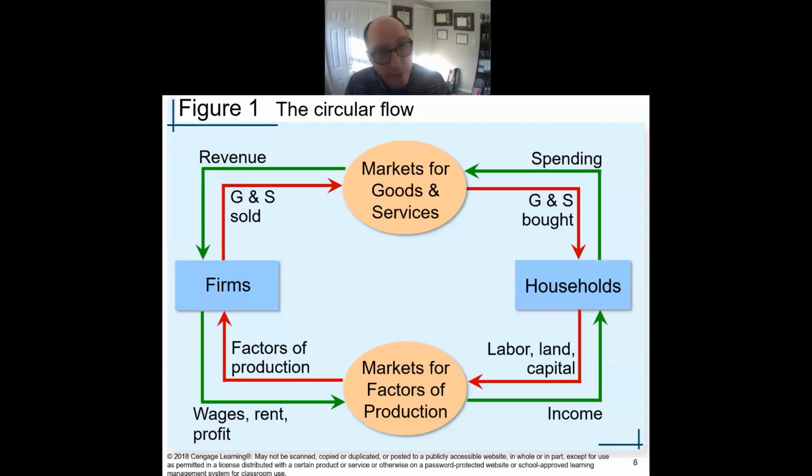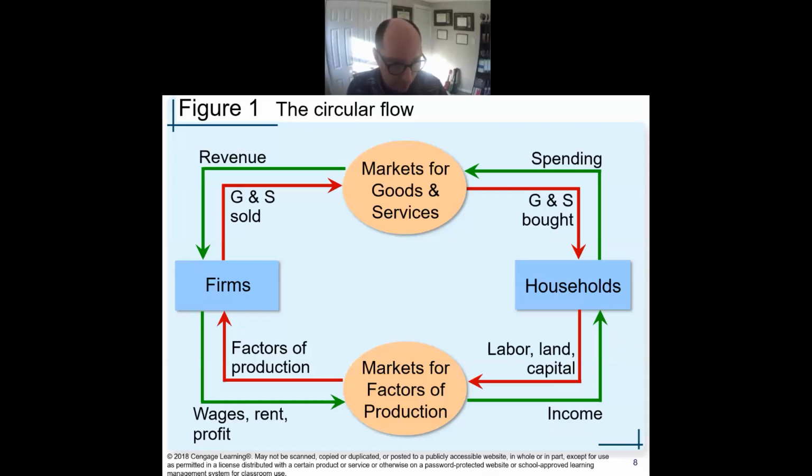A company has outputs and inputs. The red represents more of the inputs, and the green represents more of the outputs. An input simply means what's going into, right? Output means what's coming out of.